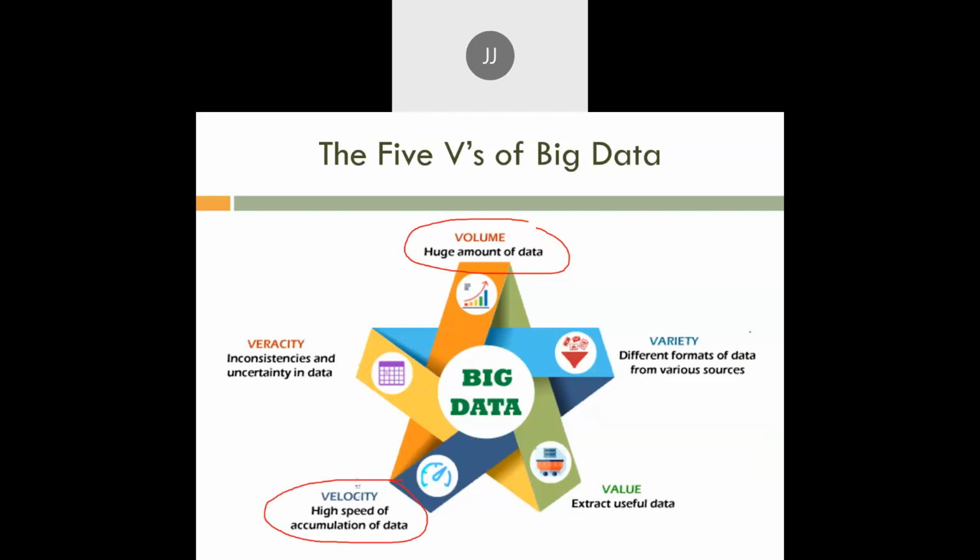We also have variety. Big data can be described by variety, in which we have various formats. We have text, numerical, audio, images, video, and many more. And we also have veracity. Veracity refers to how valid the data is that you are getting.